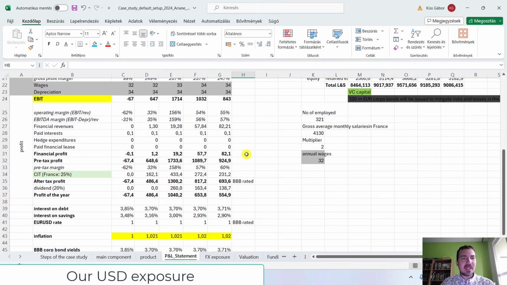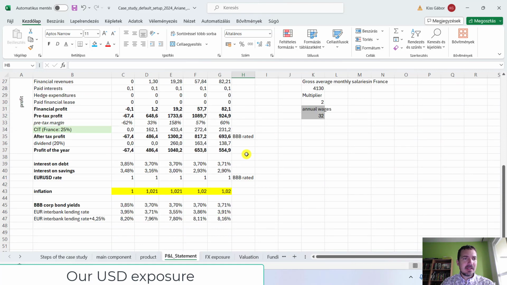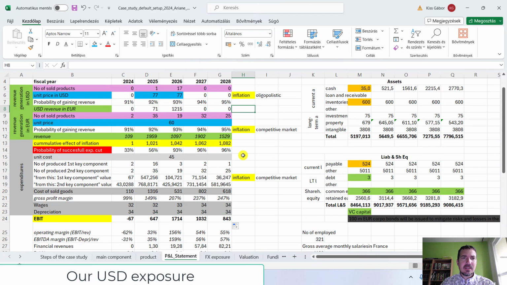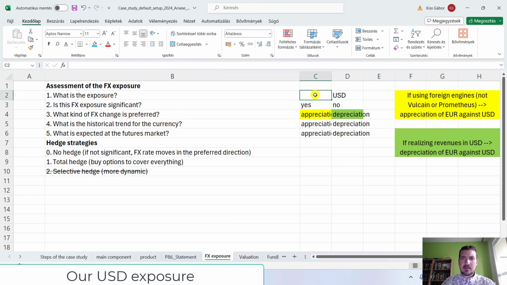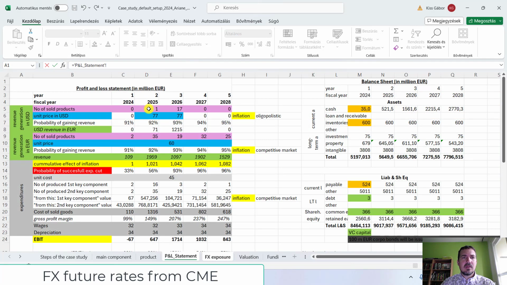Okay, so now what we need here is to realize the USD revenue in euros. Okay, so the exposure. So this number multiplied by this number multiplied by this number, plus this number multiplied by this number multiplied by this number.